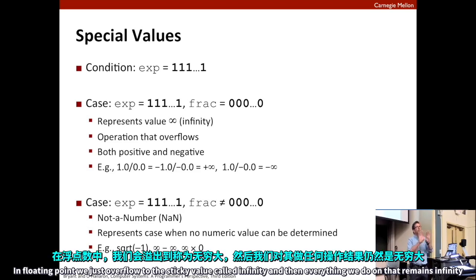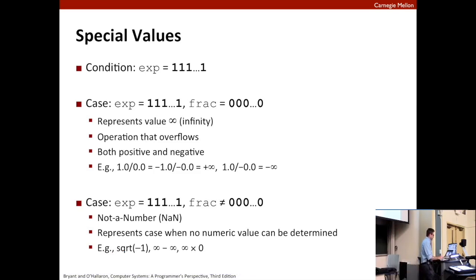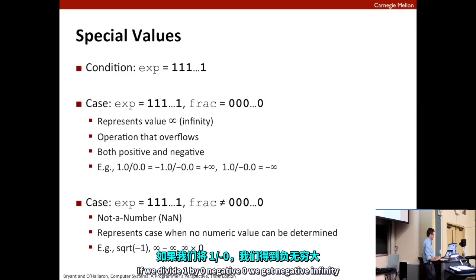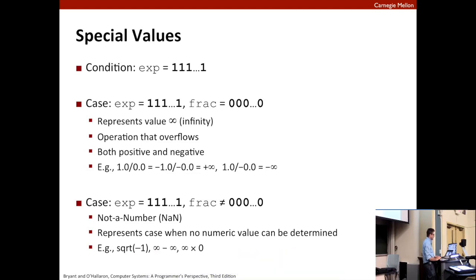In floating point, we overflow to this sticky value called infinity, and everything we do on that remains infinity. For example, 1 divided by 0, or minus 1 divided by minus 0, gives positive infinity. If we divide 1 by negative 0, we get negative infinity.